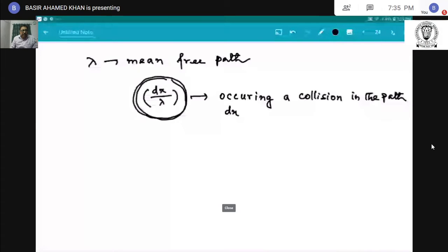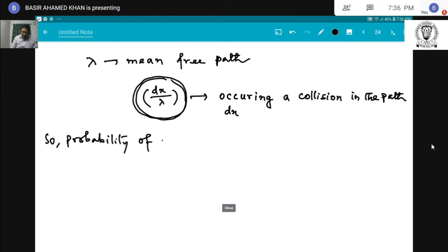So the probability of no collision in a path dx is equal to 1 minus dx by lambda.